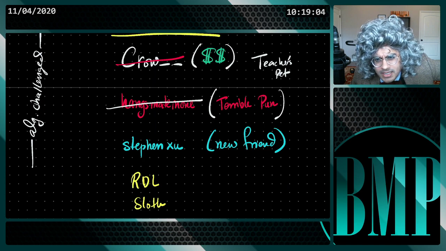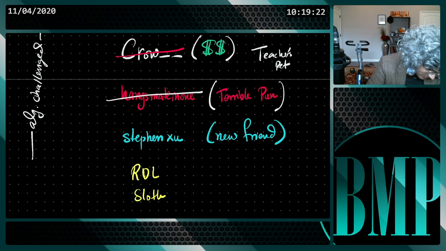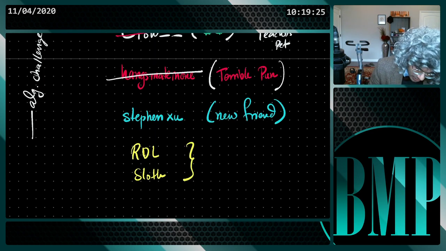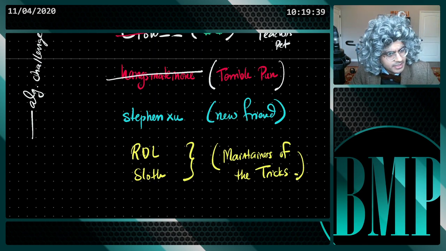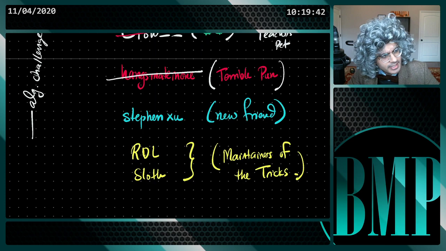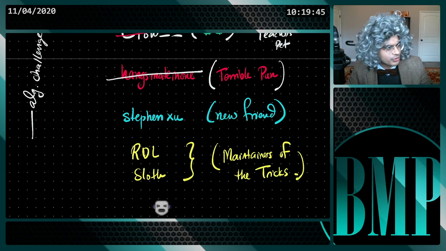That's good. And yeah. Hi, what do you think about triple asterisks? All I see is triple asterisks, my friend. Okay. All right. RDL, Sloth, maintainers of the tricks. They maintain, along with the other students, the secret bag of tricks.